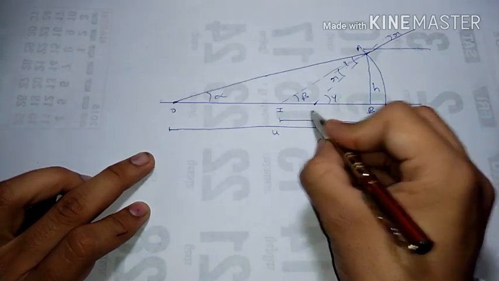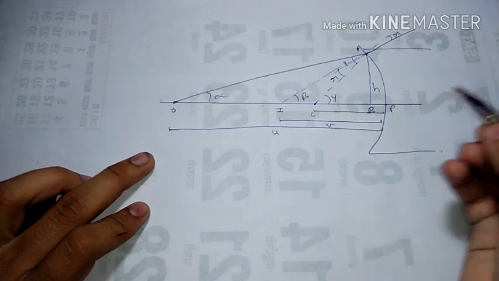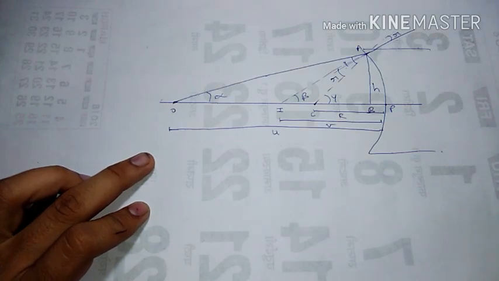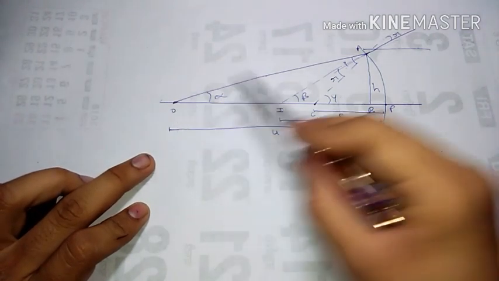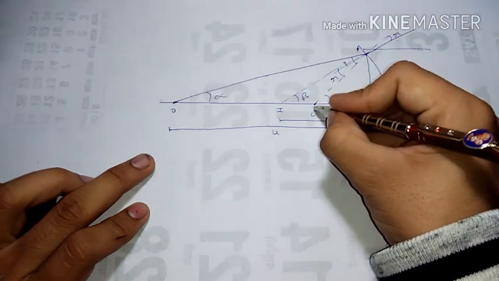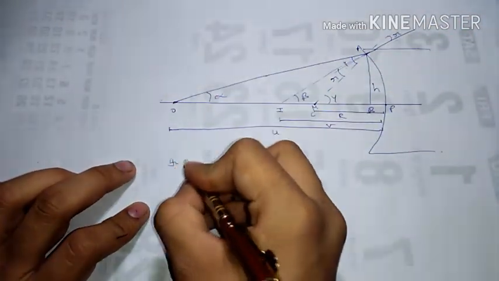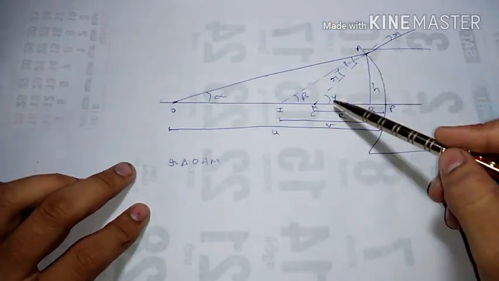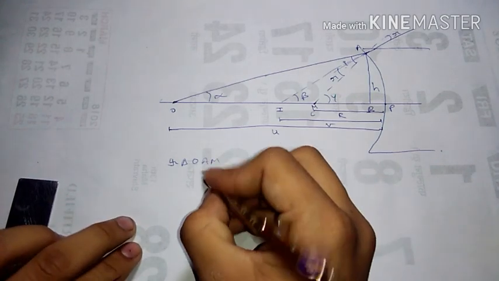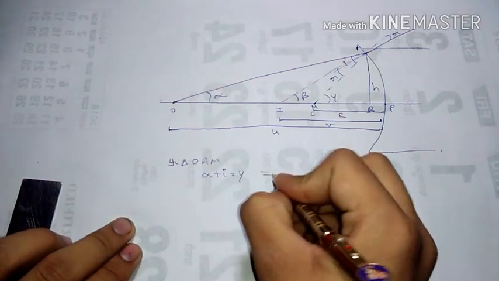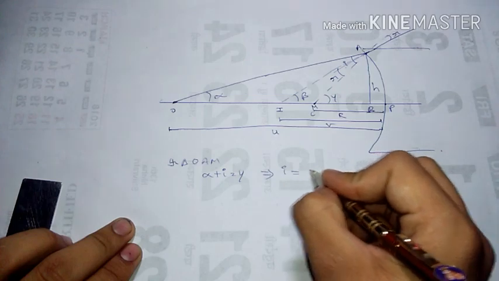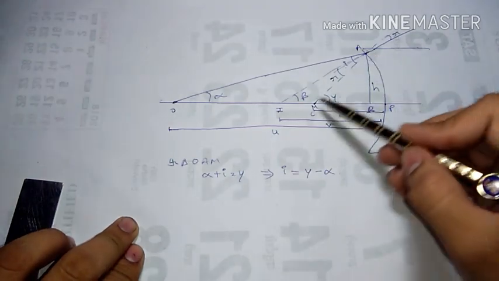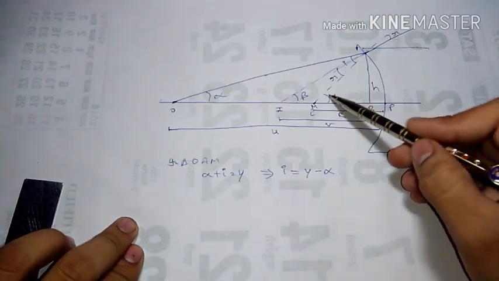Now, as we know, the distance from the object to the surface is u, the distance from the image to the surface is v, and the distance from the center of curvature, or we can say the radius, of this surface is r. Now in triangle OAM, alpha plus i will be equal to gamma, as per the exterior angle property.